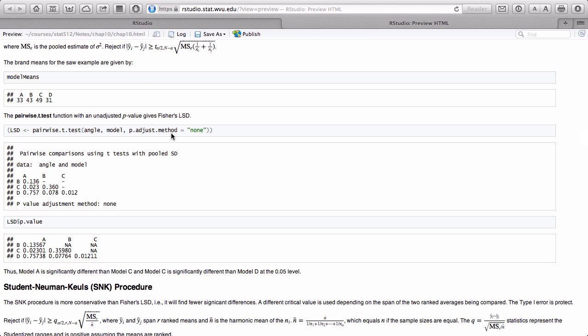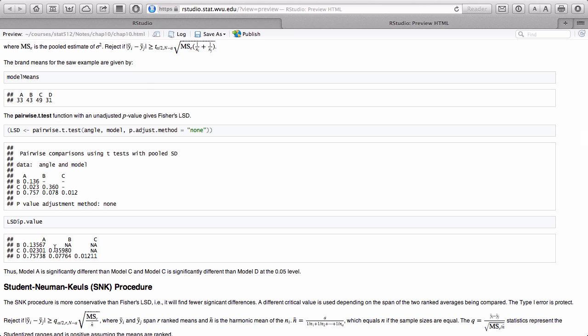But I did one thing that was different in the code. I actually saved the output to an R object called LSD. And from that object, I can actually extract the p-values. Now this becomes important to have access to the p-values if you want to change how you display the output so you can see where the differences are.